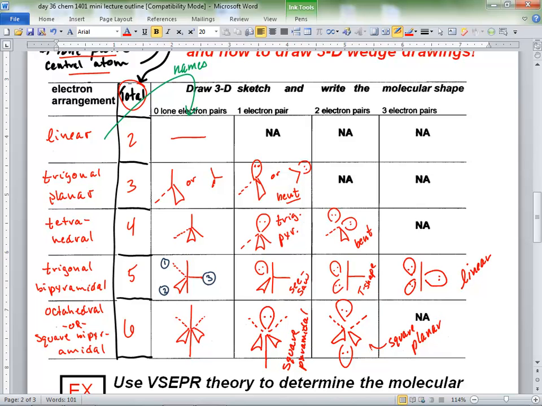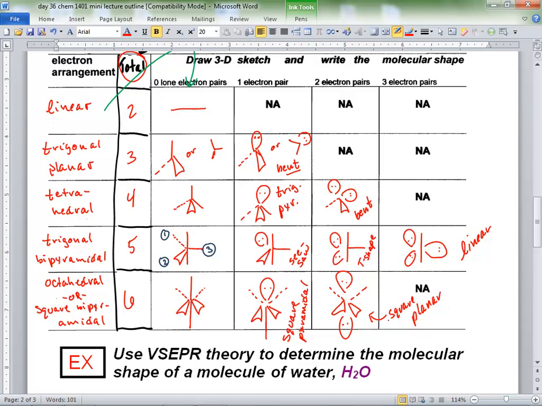Okay. So the name of the game is pretty much, the questions will be like this. Use VSEPR theory to determine the molecular shape of the molecule, right? And maybe draw it.